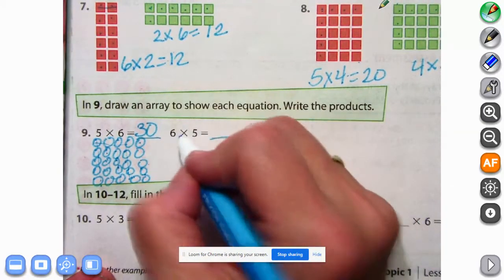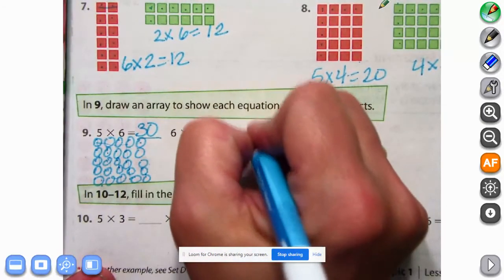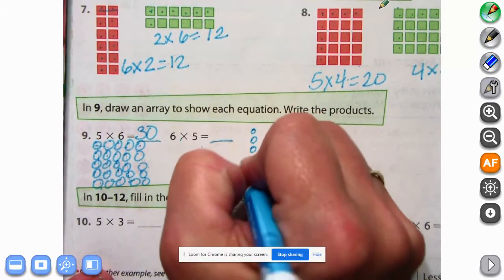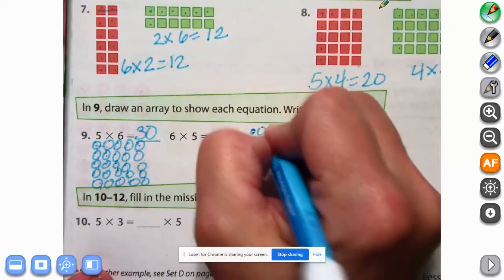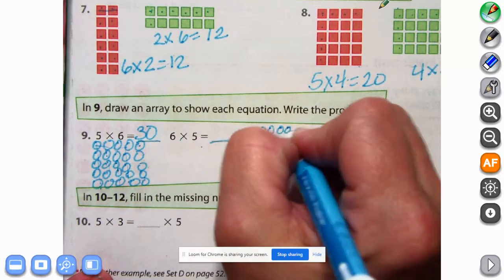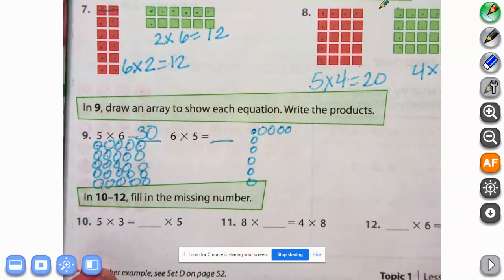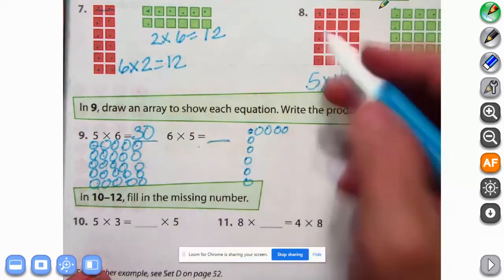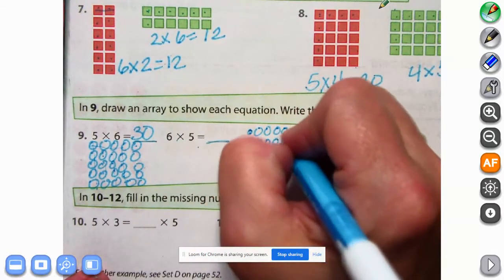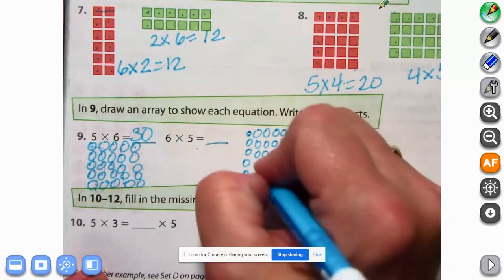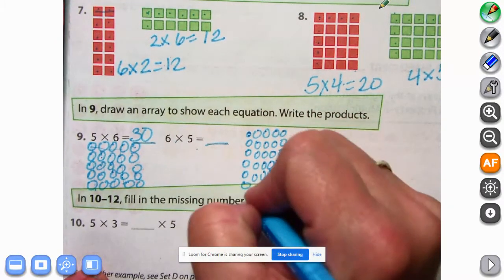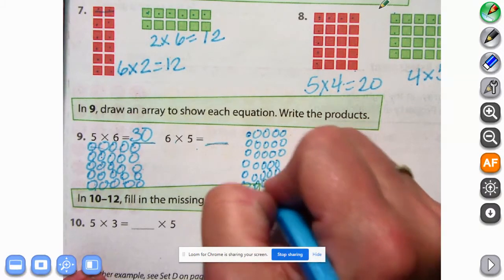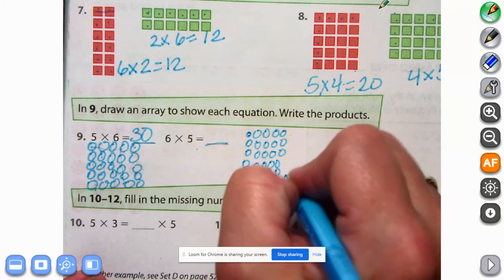Okay. 6 groups we have, times 5. Okay. So we have 6 groups of 5.